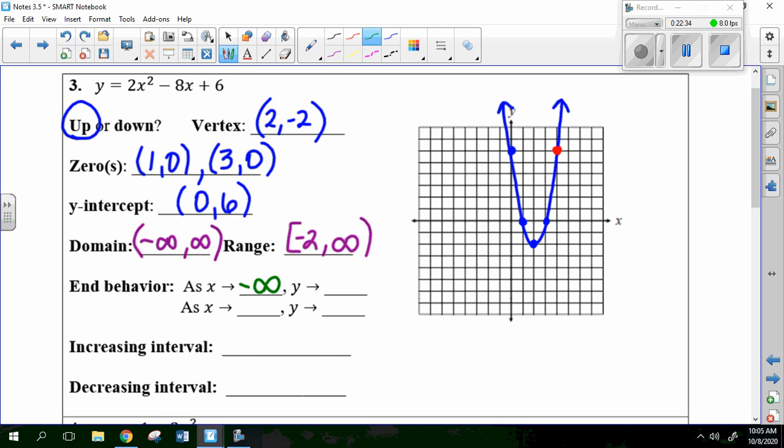And what goes in the other one? Okay. You have to have one negative and one positive next to the x because you always have a left and a right. All right, now next to the y's, they should match each other because both ends are doing the same thing. These are going up. So what goes in the y spot? Positive infinity.